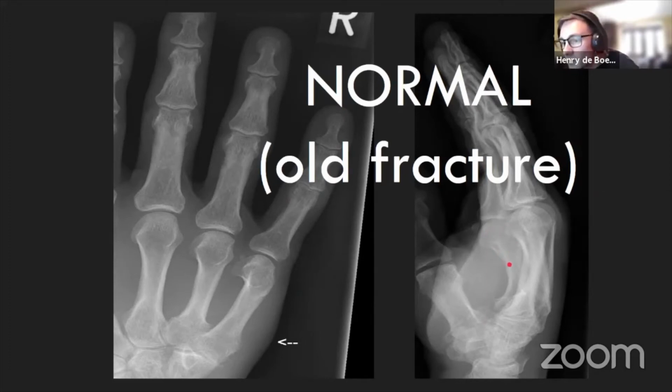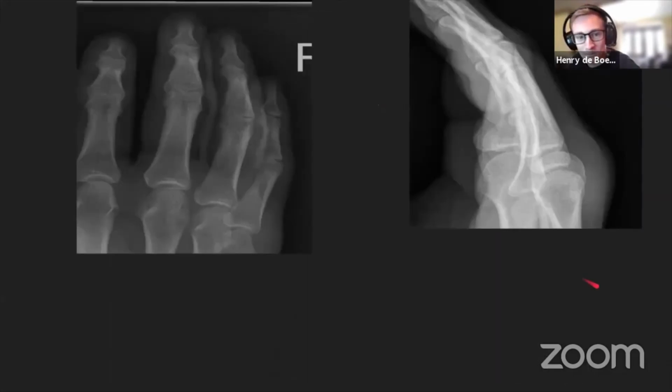Someone's said boxer's fracture, bony growth, normal. I don't know if you call it normal, that's a bit of a debate, but there's no acute injury. There's an old fracture here, and this is what healed fractures look like. Because this is such a common injury, you'll see old fractures of these metacarpals all the time, usually people that get into fights because they're punching things all the time.